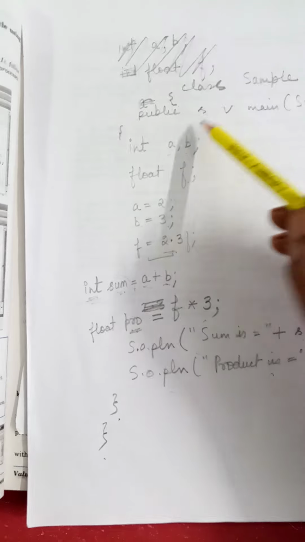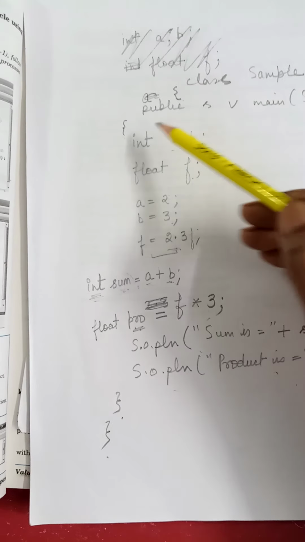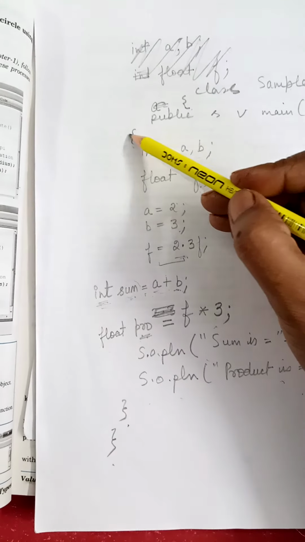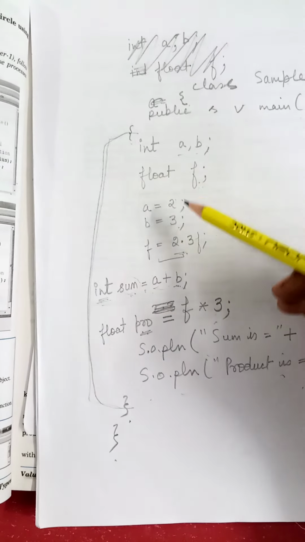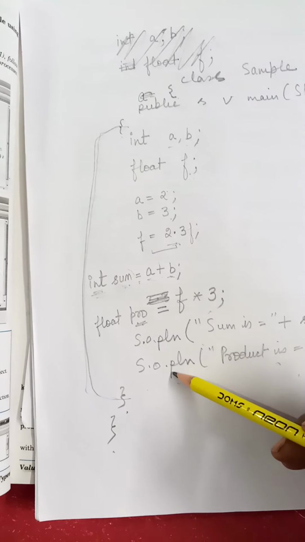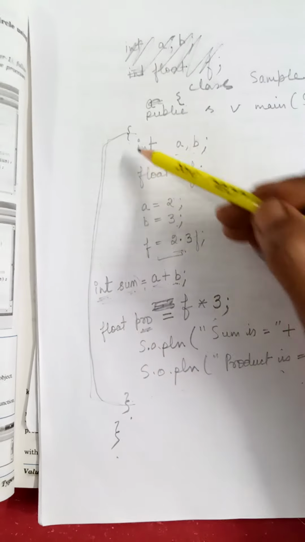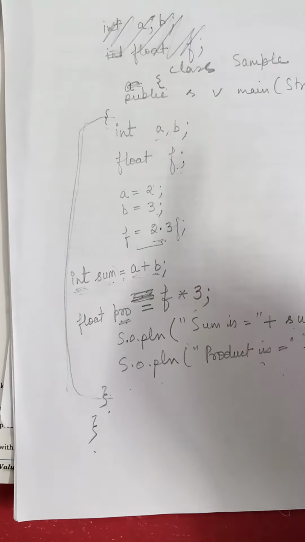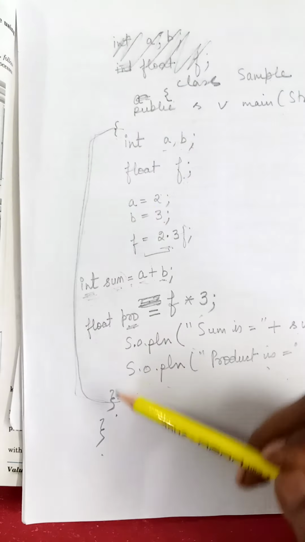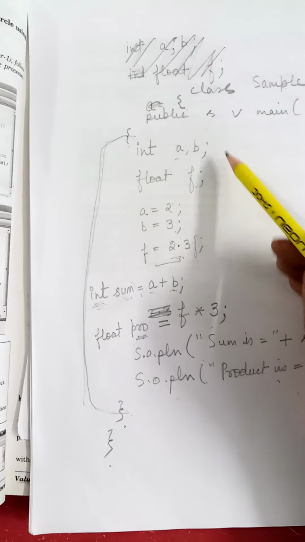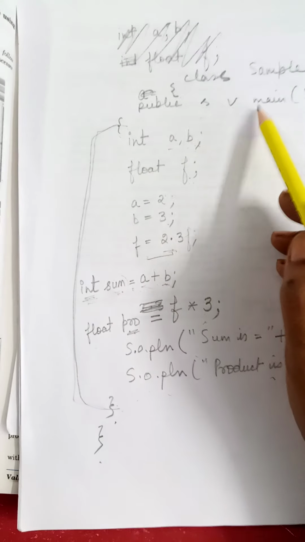So a function contains a set of statements, so this one is a block. This is an example of a block, as you have these statements within these two curly braces. So the scope of variables a and b is within these curly braces, as you have declared these variables within this function.